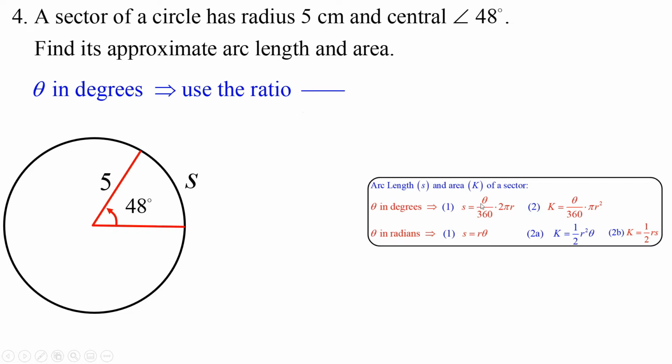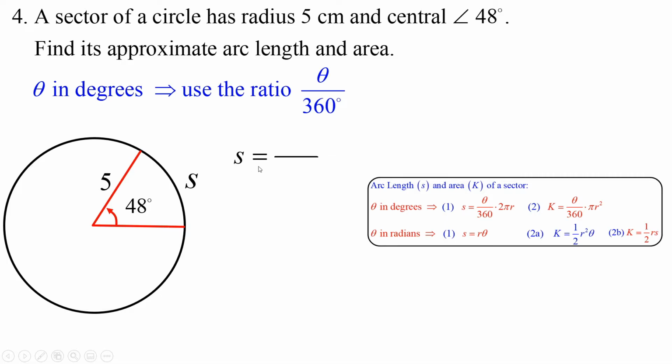So we're in degrees, so we're going to be using these two formulas right here. Okay, so first off, what is the ratio I'm using to multiply my circumference by? Central angle over 360. Okay, so let's just take this and then multiply by circumference.